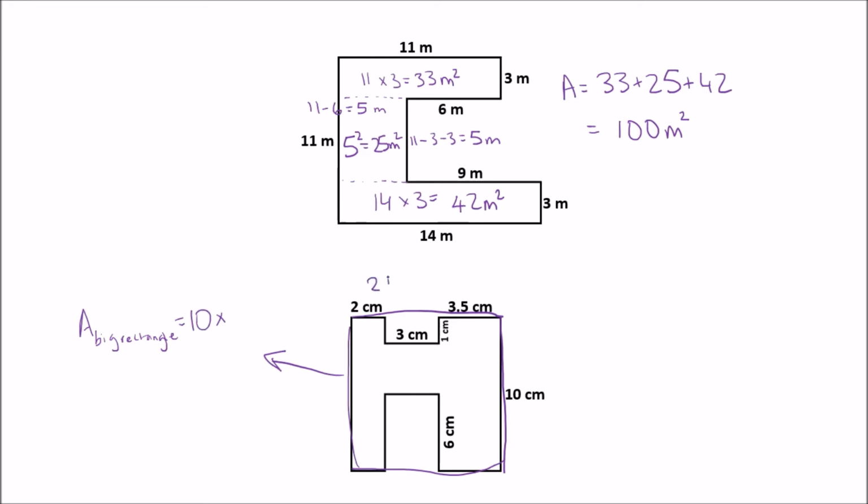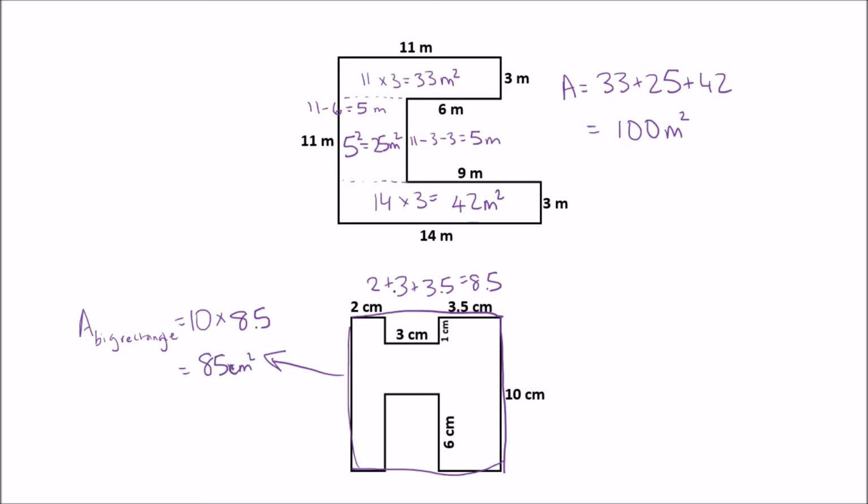It's going to be 2 plus 3 plus 3.5, so all up that is 8.5. So 10 lots of 8.5 is 85 centimeters squared.